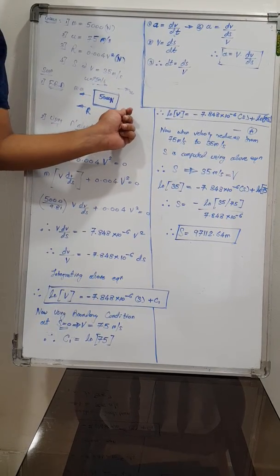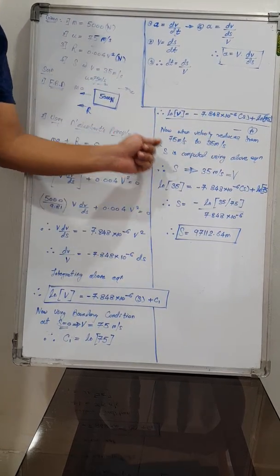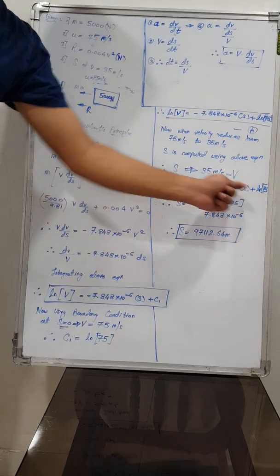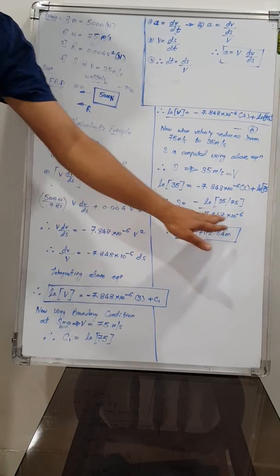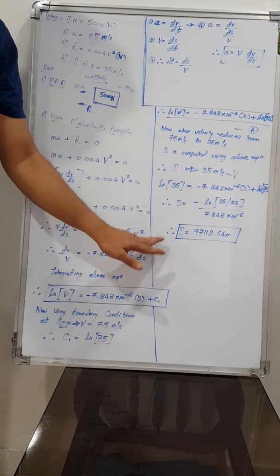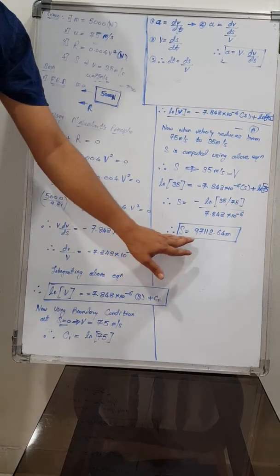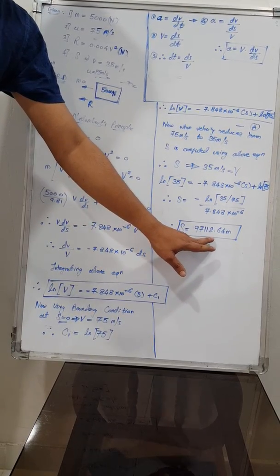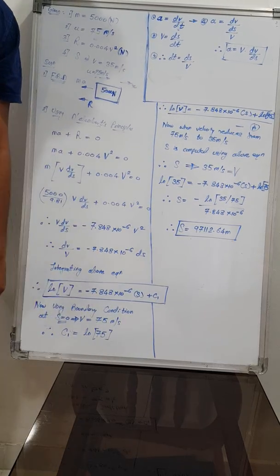Now when the velocity reduces to 35 meter per second, just substitute v as 35 and get the value of s. So accordingly, if you substitute v as 35, this is what you get. This is the equation we got, and this is the displacement, that is 97,112.64 meter. Thank you.